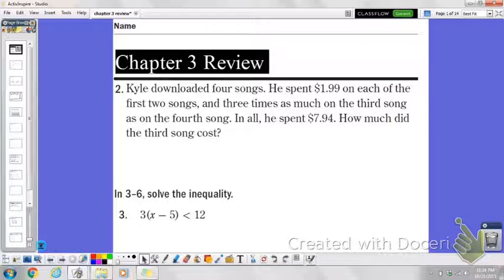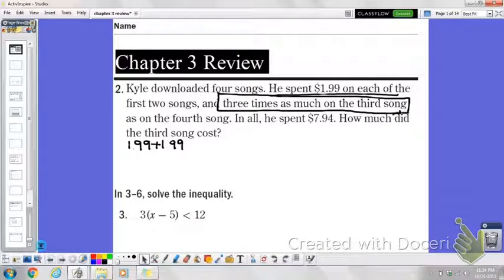Well, we know since it says he spent $1.99 on each of the first 2 songs, we know that he is going to pay $1.99 plus $1.99. Now it also says that he spent 3 times as much on the third song as on the fourth.